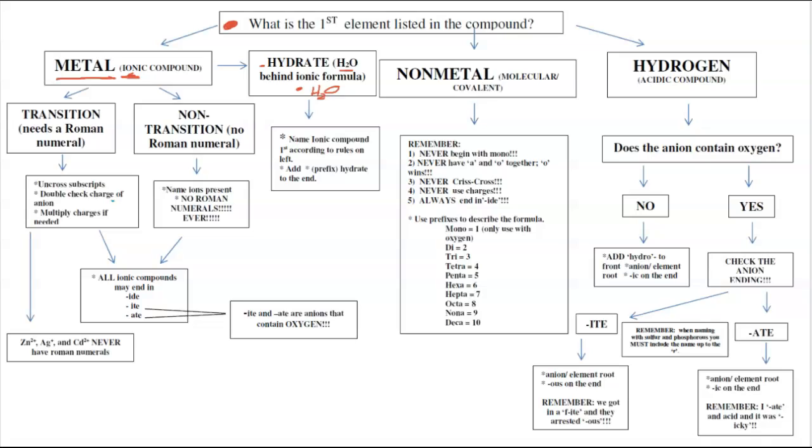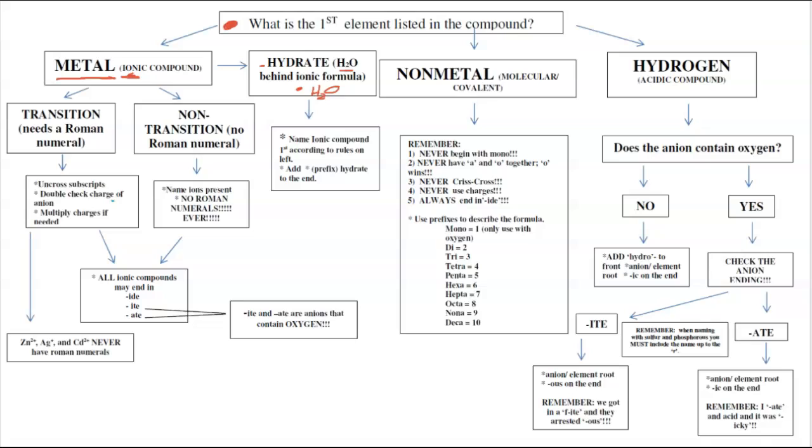You're going to check your ion page to see how many different ions for that element exist, and if there's more than one ion in existence or in that box on your table, then you're going to need to use Roman numerals. That's where you're going to uncross those subscripts and double check the charge and use the Roman numerals to write down what the charge of the ion was. Remember, the Roman numeral is the charge of the ion.